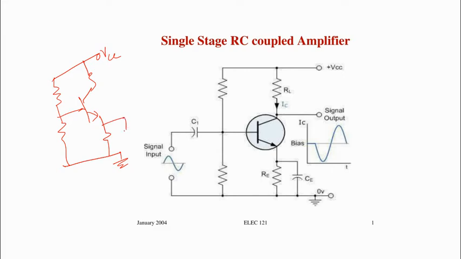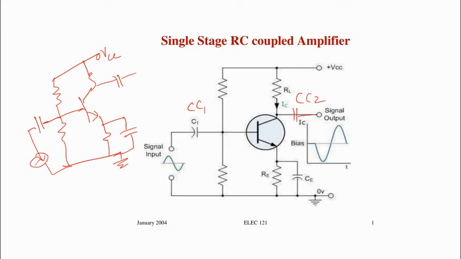We have an extra capacitor here and here, and then we apply the input voltage. The signal to be amplified is connected to the base, and we add three capacitors here. This is CC1, this is CC2, and this is CE.